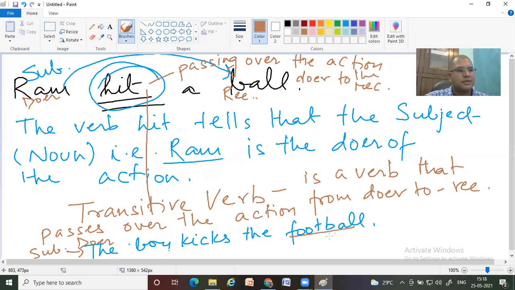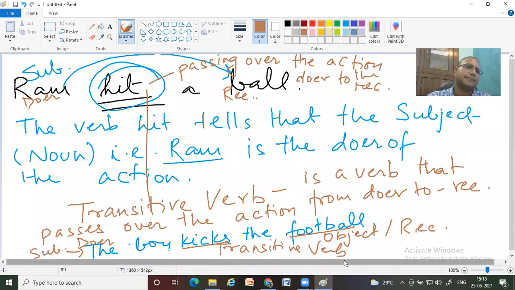The football is the object and receiver. And the verb kick is again a transitive verb. You know why it is a transitive verb? Because it passes over the action. You know, transit means passing over. So it becomes a transitive verb.